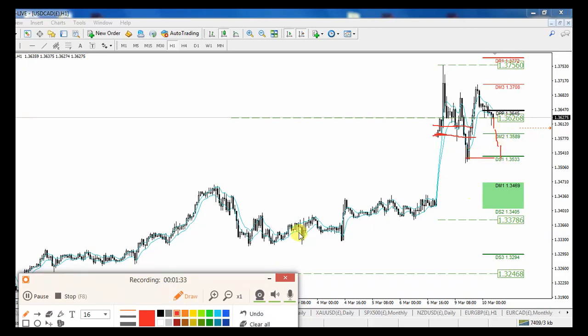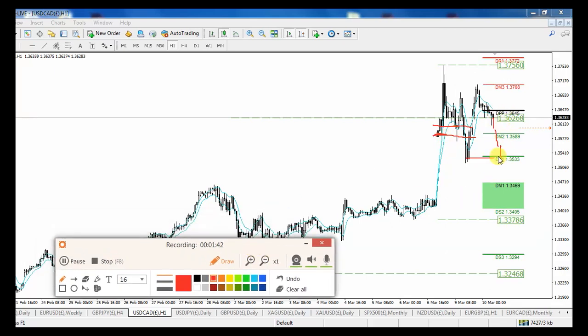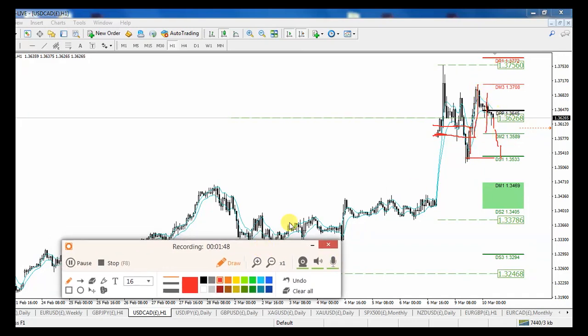But if it slowly starts coming down, then I would be more inclined to take a trade for the long side, rather than if it has these big candles. If that shows big strength, I'm not going to do it if it comes down like this. So I would just be observing to see what's going to happen. If it breaks these lows, then I would be switching to the short side.